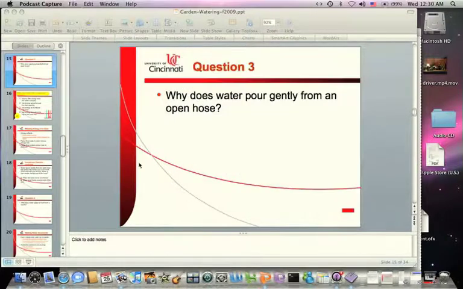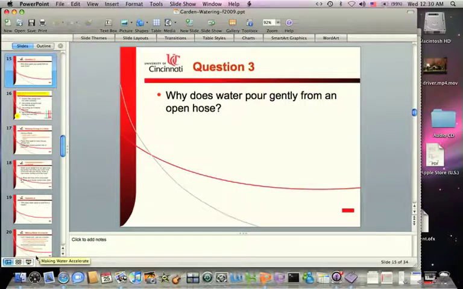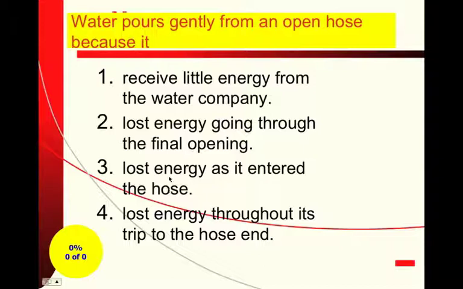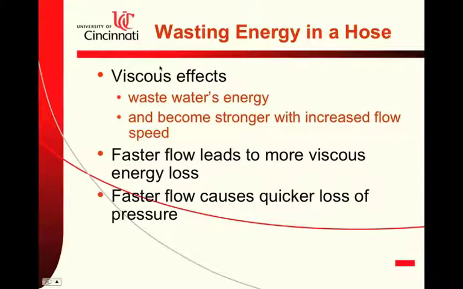Now, the question is, well, why is it that water pours gently from an open hose? And the answer basically is viscous effects, because it wastes water's energy. The faster the flow rate through the hose, the more dissipation that you have.